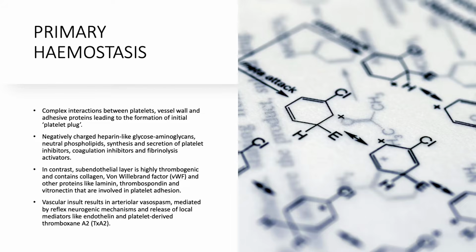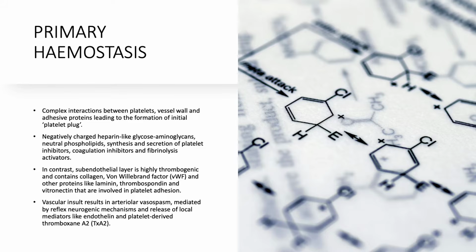Primary hemostasis is a complex interaction between platelets, vessel wall, and adhesive proteins, leading to formation of the initial platelet plug. Negatively charged heparin-like glycosaminoglycans, neutral phospholipids, synthesis and secretion of platelet inhibitors, coagulation inhibitors, and fibrinolysis activators get together to initiate this primary hemostasis.